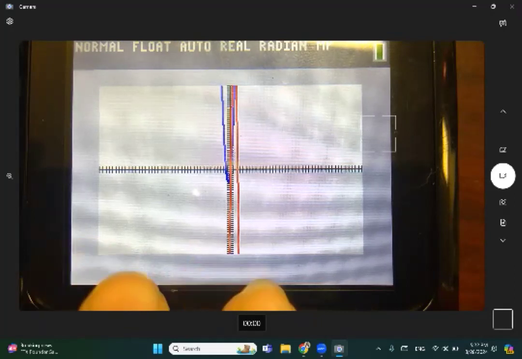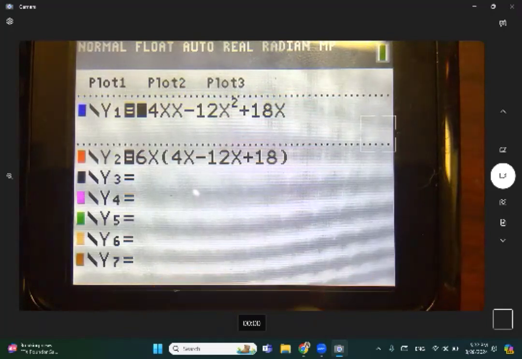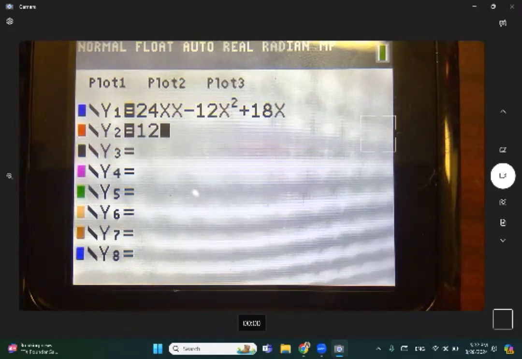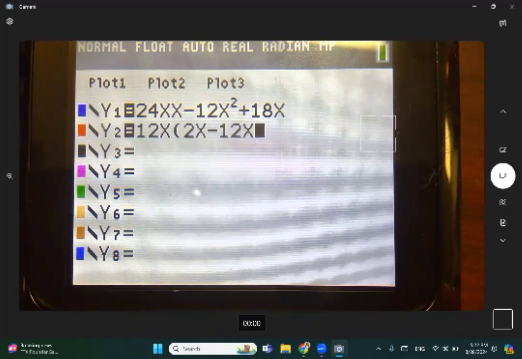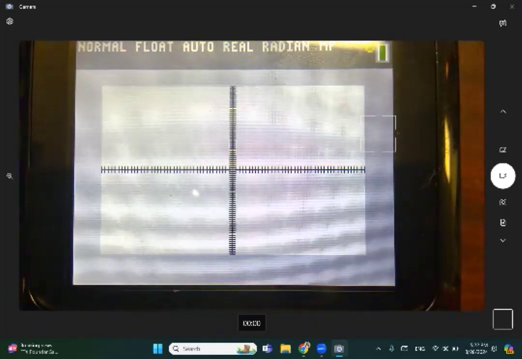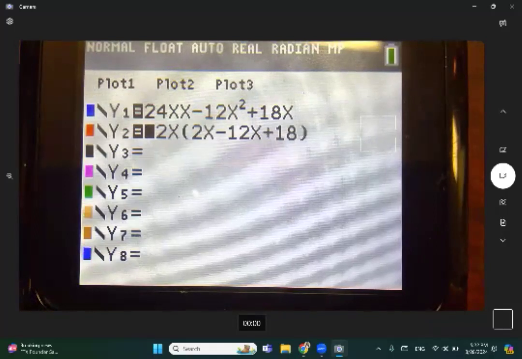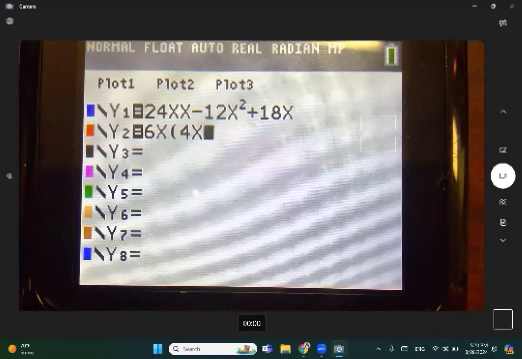So that is not my answer. The next answer choice is 12x times 2x minus 12x plus 18. Original. New, so that's not it either. The next one is 6x times 4x minus 2.